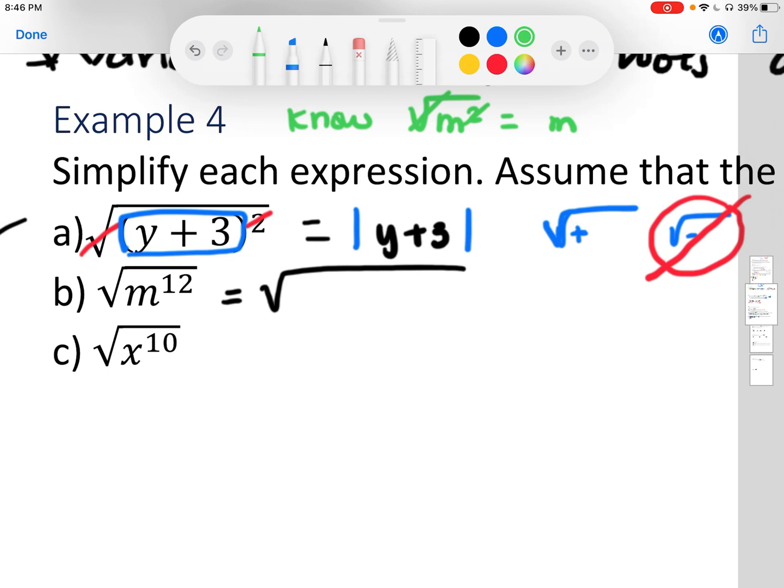So let's write m to the 12th power with a lot of m squares. So m squared, we have 4, m squared, we have 6, m squared, we have 8, m squared, we have 10, m squared, we have 12.